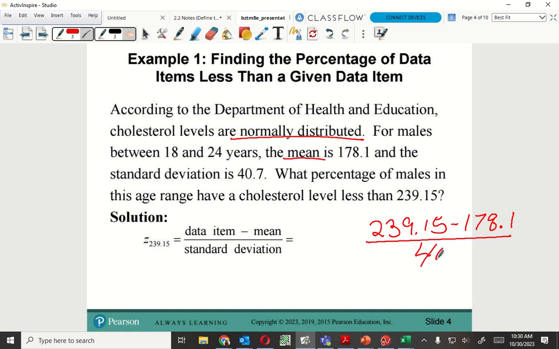And there we go. This notation right here says I'm finding the z-score at 239.15. I know it looks kind of weird, but that's what that means.